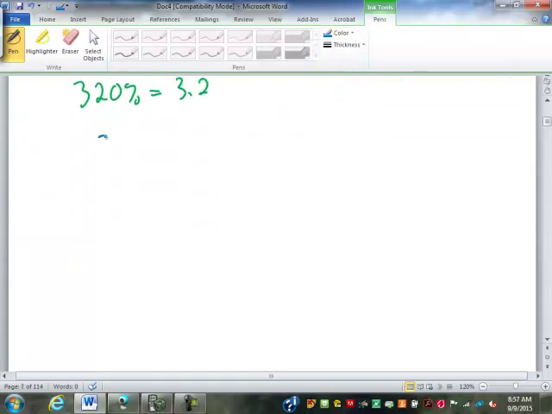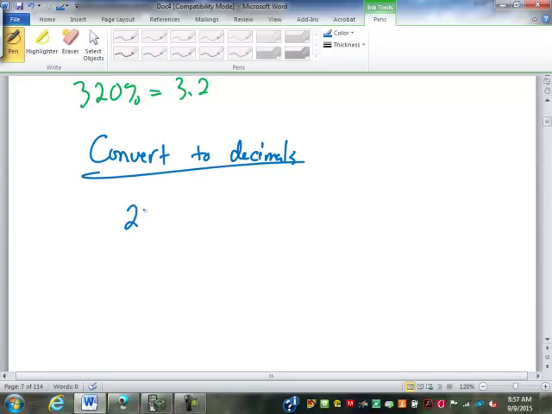So let's have you try some. Convert to decimal. 210%, 37%, 4.2%, and 3/4%.